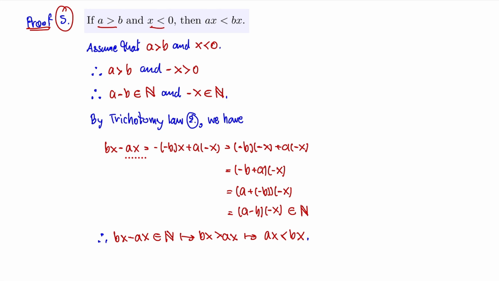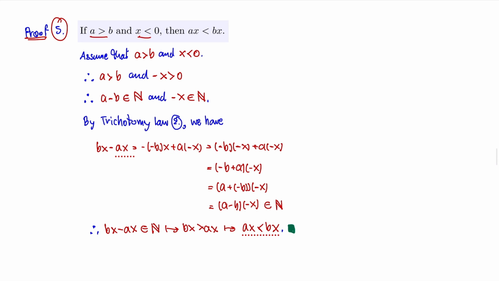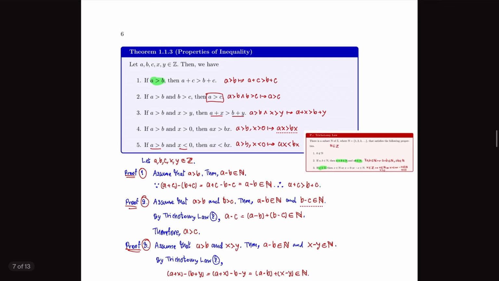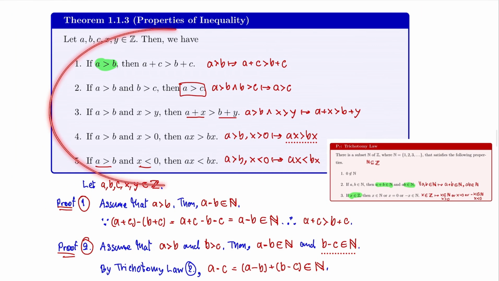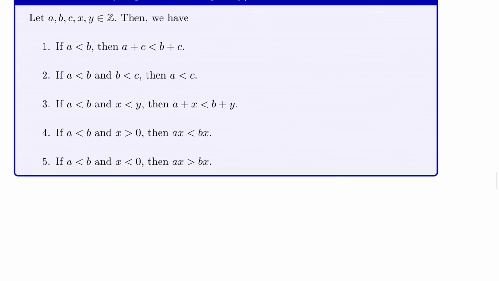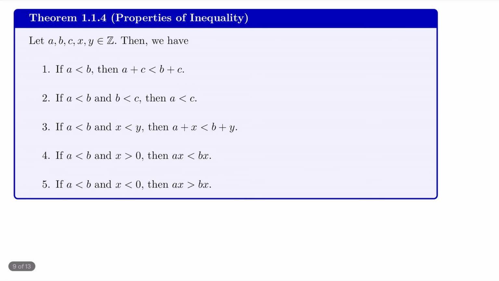Okay, got it? And that's what we have. Okay, this is how to use trichotomy law of integers to prove properties of inequalities. All right, so in the next video we're going to prove these properties of inequality, but the difference is the direction of inequality.